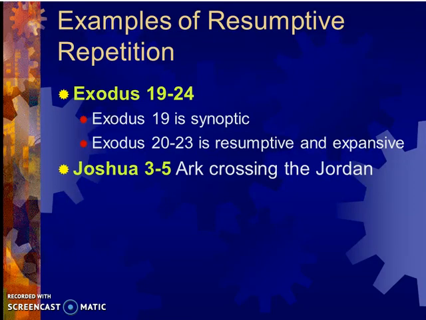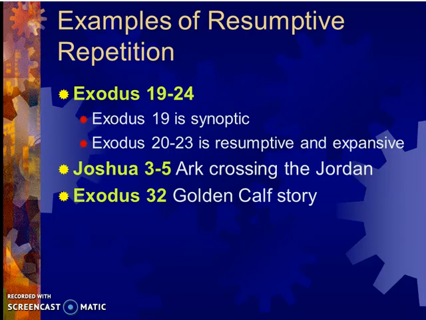You get the same thing with the ark crossing the Jordan in Joshua chapters 3 through 5. Just reading it straight through, it seems like the ark crosses the Jordan several times, but it's retelling the story. Flashback is another way of describing this: it flashes back to the beginning of the story and then retells it again from another angle or to give more detail.